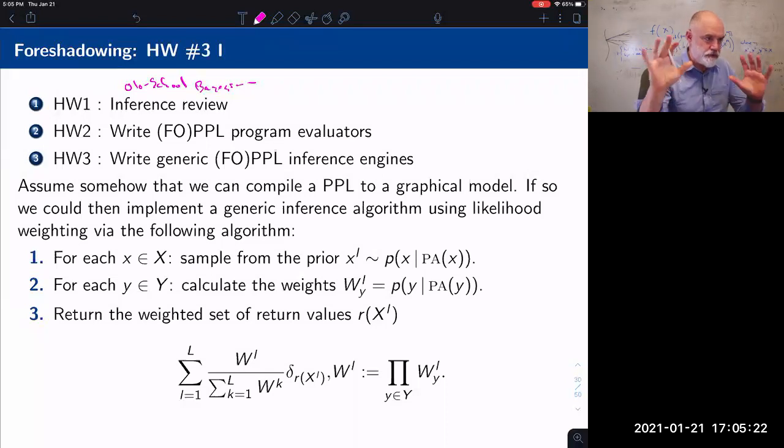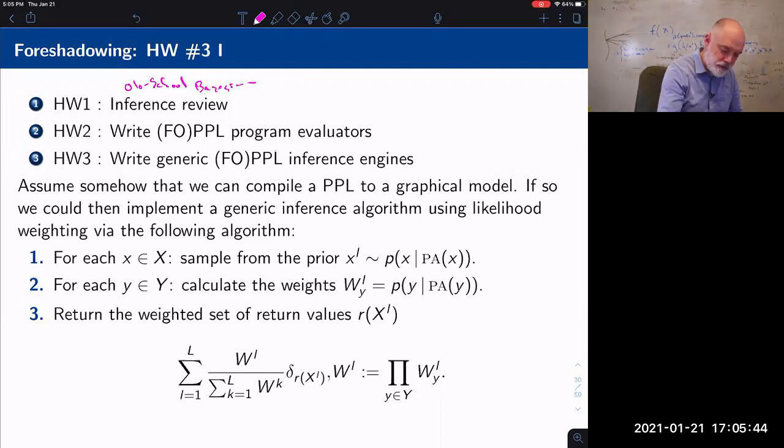So you'll get a structure that you can work with, and you're going to figure out how to evaluate programs in different ways. You're going to write actual interpreters, which is fun. Then homework 3 is writing generic inference algorithms that you can use to run and perform any inference task you want written in the FOPL. And we're going to write a number of these.